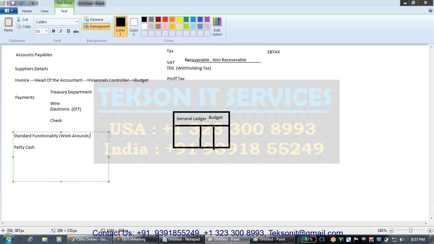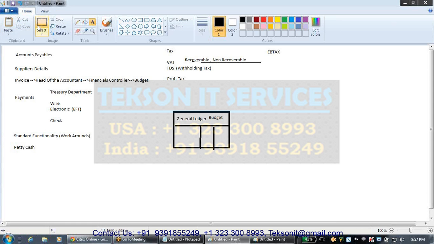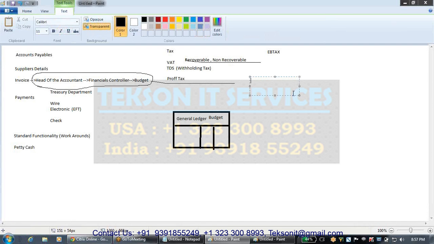So in accounts payable, these are the concepts we have, and this hierarchy, the head of the accountant, budget, all these things will be designed using the module called AME. AME is nothing but Application Management Enterprise.